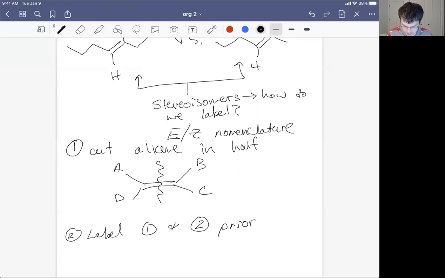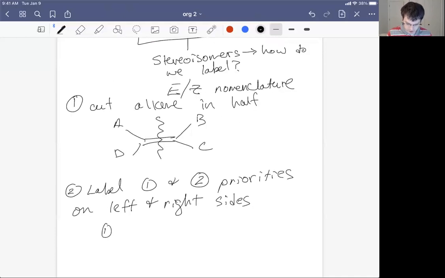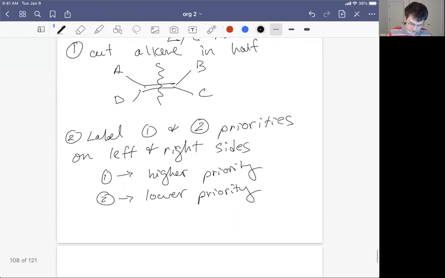So we do the prioritization on the left and right sides. But we stop at 2. We only have 2 groups on the left or the right side, where 1 is the higher priority and 2 is the lower priority. Okay. And in step 3, we assign E and Z.